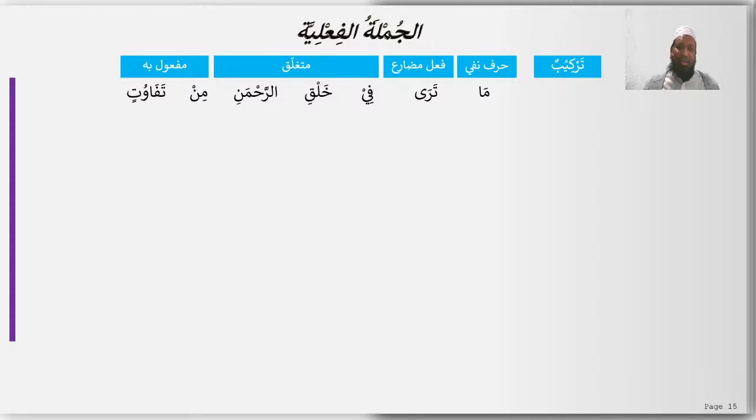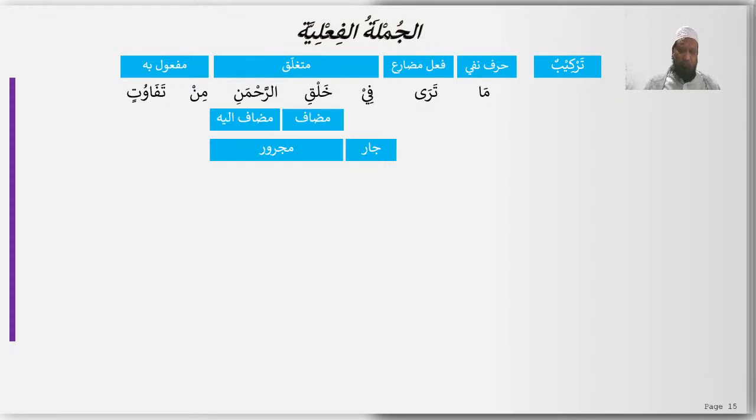Okay, crack, fault, anything. So في jar خلق الرحمن مجرور. In jar مجرور we have مضاف and مضاف إليه, and we cannot make this jar مجرور because this min is extra. Yeah. So ما ترى في خلق الرحمن من تفاوت.